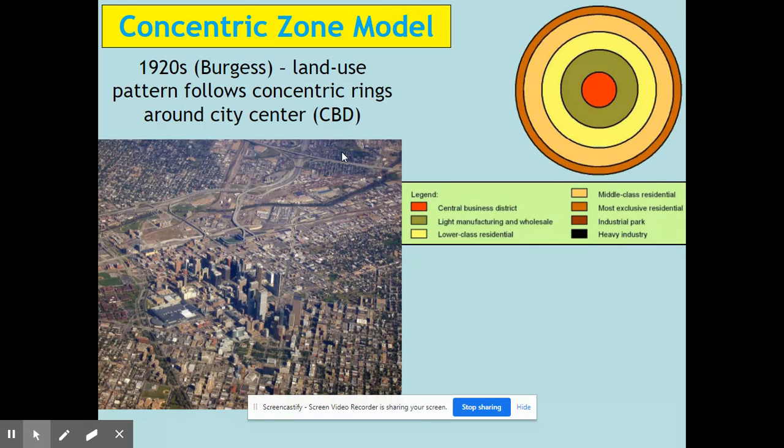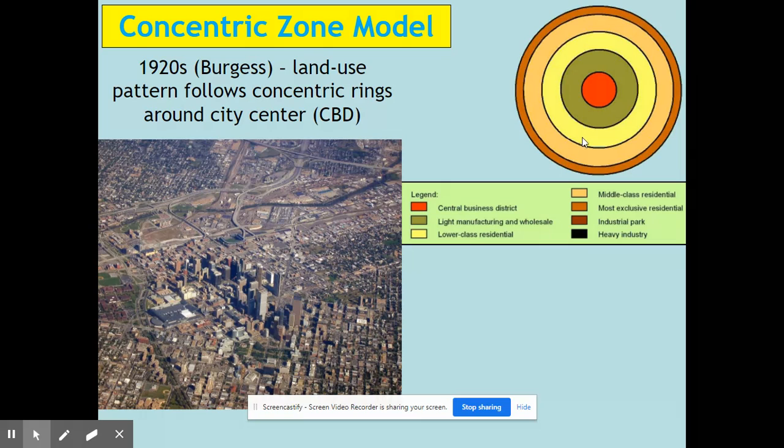So Burgess noticed that Boston was laid out this way, that Philadelphia was laid out this way, that Chicago in the early years was laid out this way, that this was the way that the city was developing. In each generation, if you think of working class new immigrants living here, and then as they get a little bit of money in the next generation, they move to the middle class.